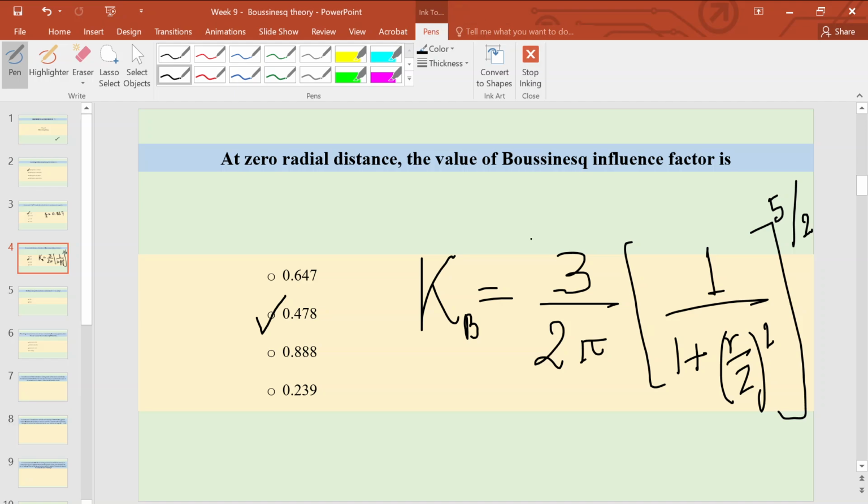The value of 3 by 2 pi is the Boussinesq influence factor when the radial distance is 0. When we are calculating the stress directly at the axis of loading, just below the point load, there is 0 radial distance. So the Boussinesq influence factor is 0.478 at 0 radial distance.